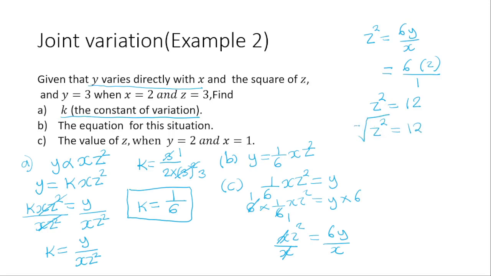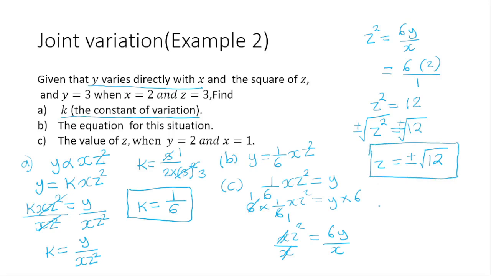Square root on both sides. So we'll have z is equal to positive or negative square root of 12. So this is our result there.